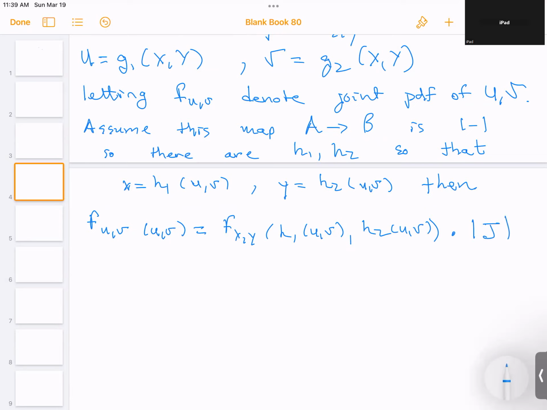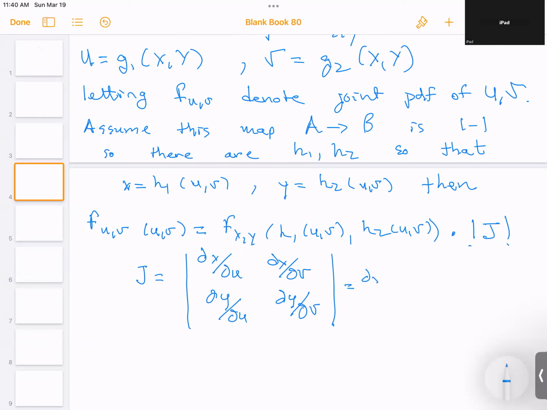So we're going to call it J, and we'll define J to be the determinant of these partial derivatives: dx/du, dx/dv, dy/du, dy/dv.